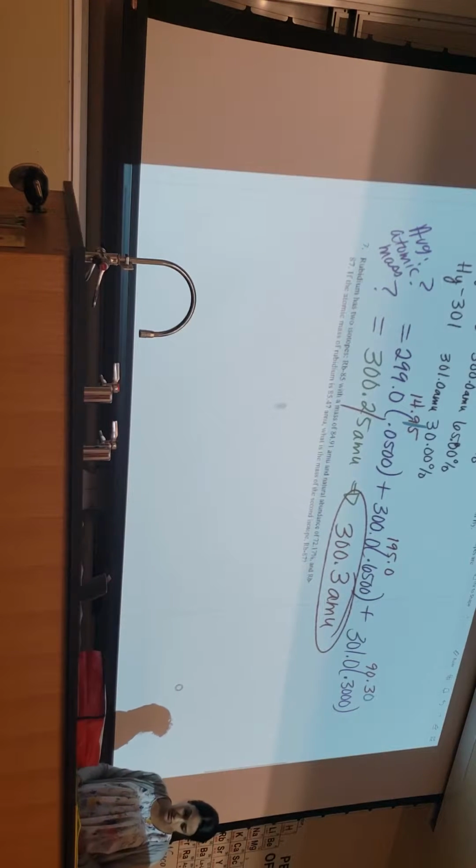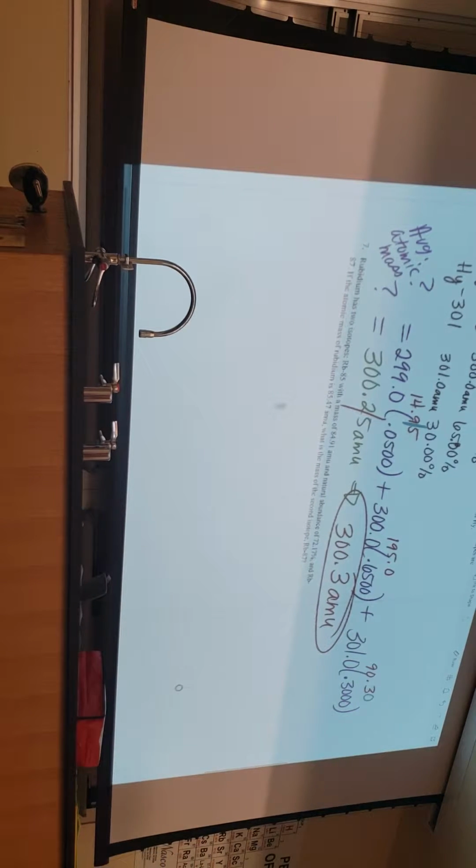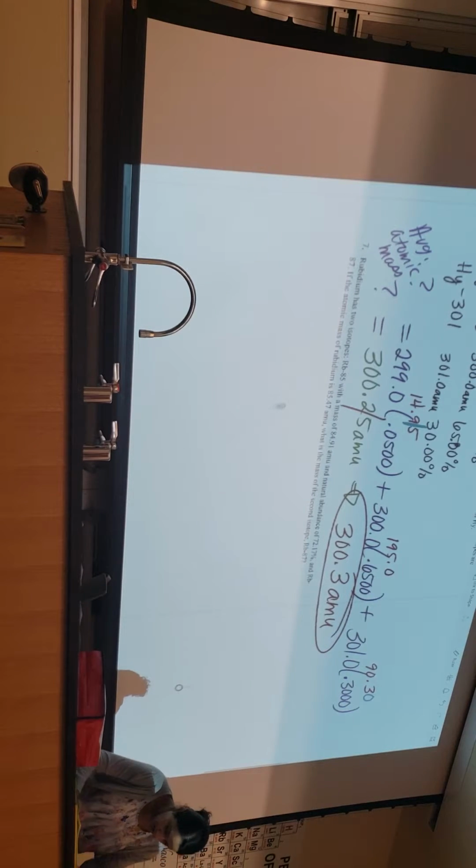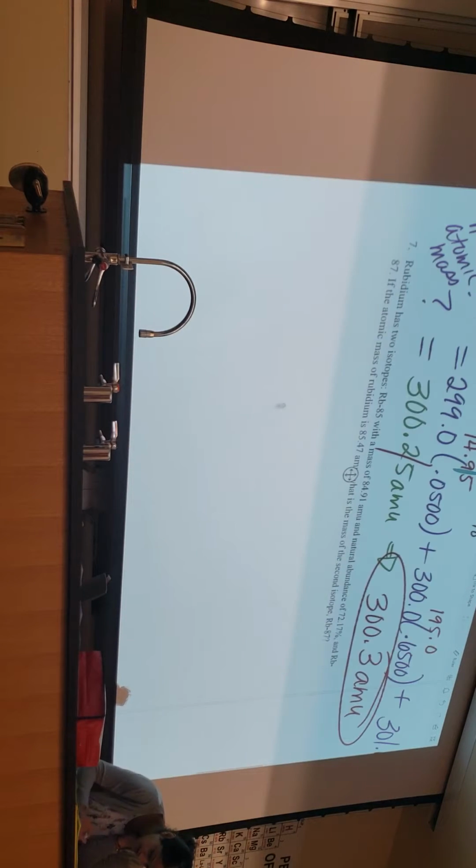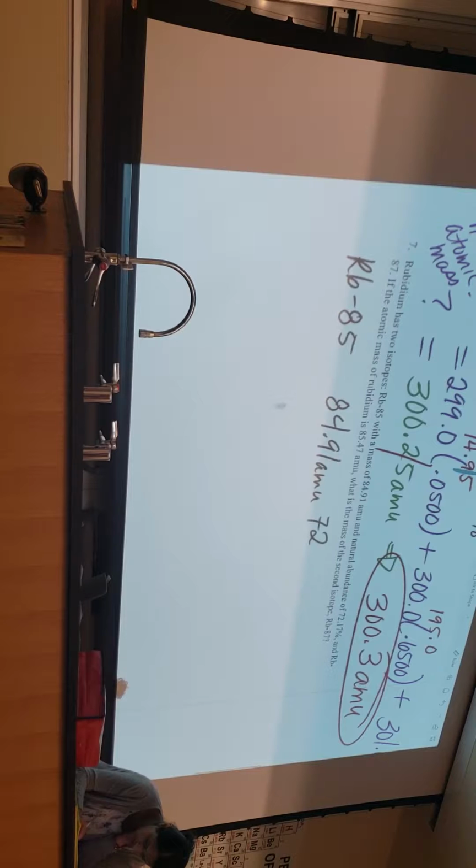Okay, the next one, you have rubidium. I tell you there's two isotopes. Now this one you have to solve slightly differently. I have rubidium 85. I give you the mass number and the natural abundance.